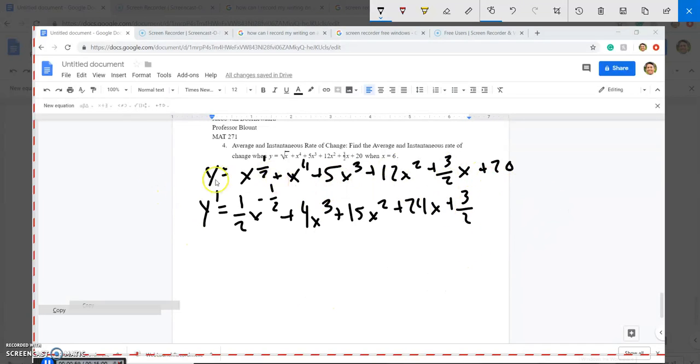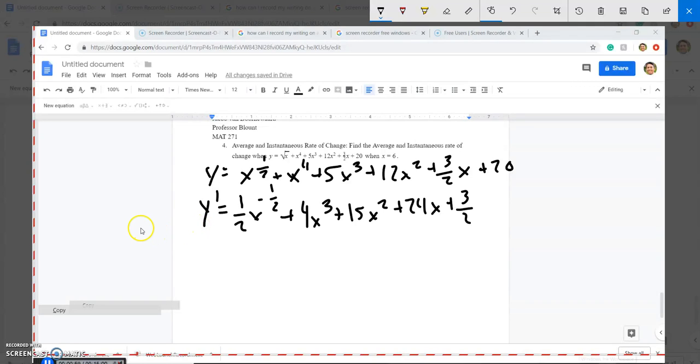This is the equation for the slope of the secant line. Okay, and now we're going to take our x value, 6, and plug it into our new equation.